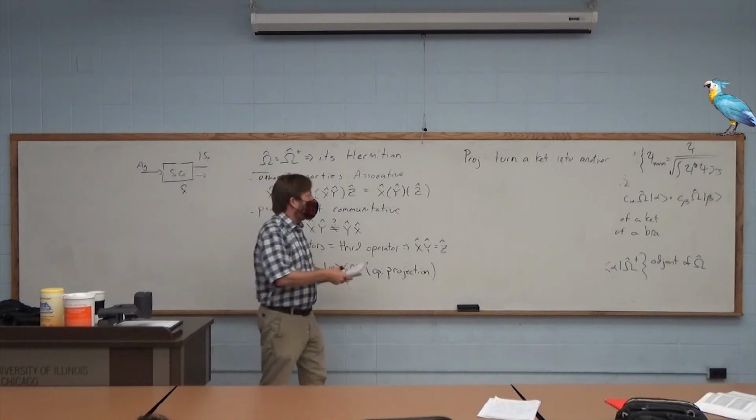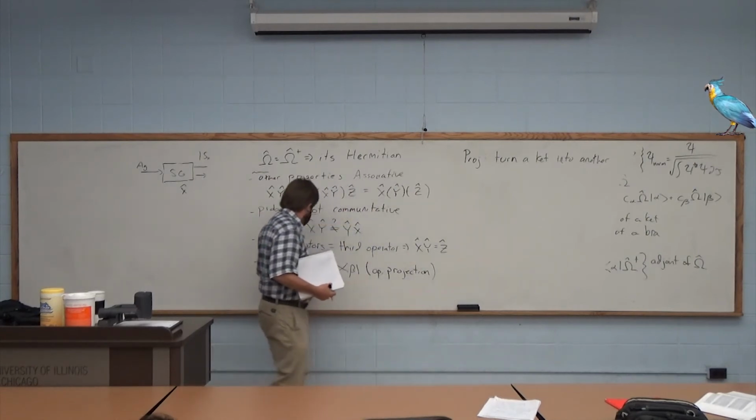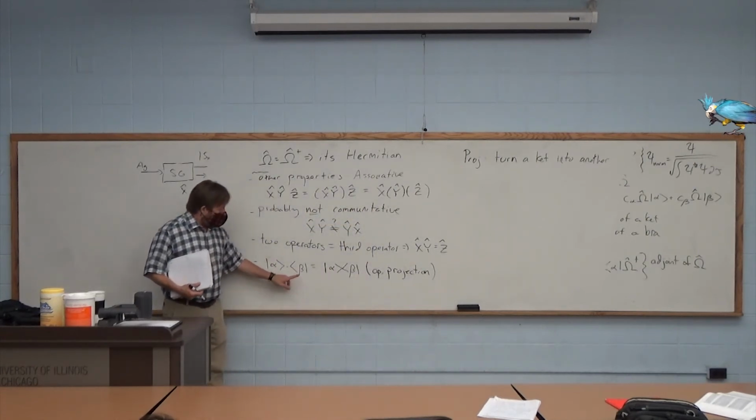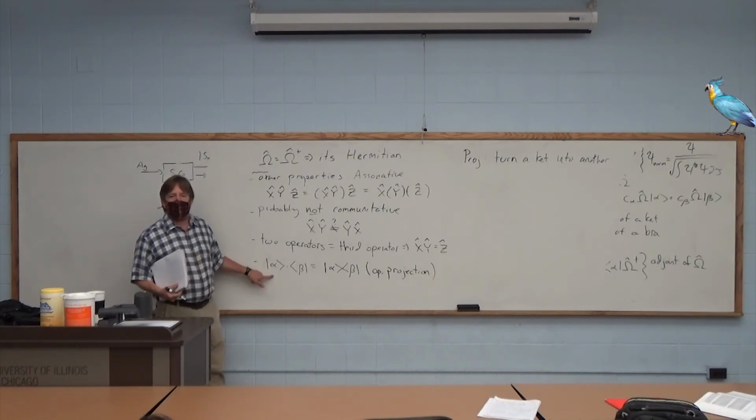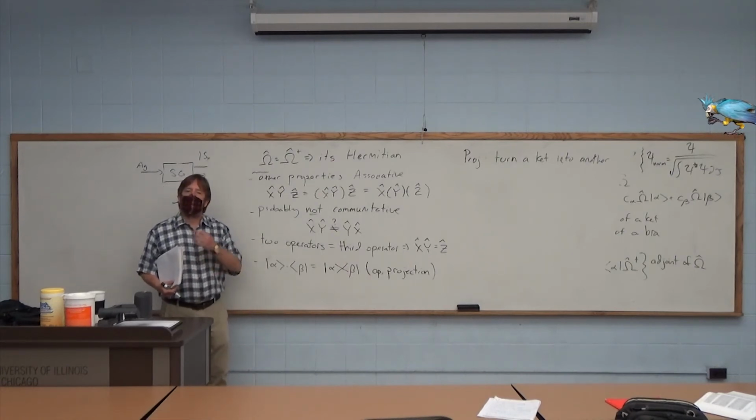A projection operator would turn the forward wave to a backward wave. E to the ikx, do its operation, do the projection operator thing, and now it's e to the minus ikx, a backward wave. That's the kind of thing projection operators do.